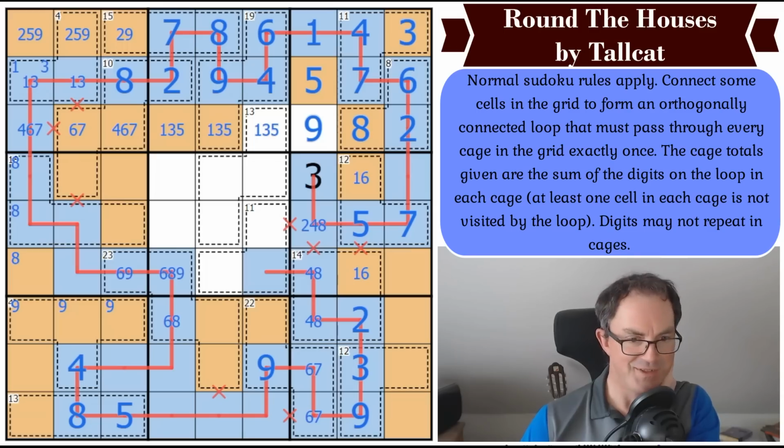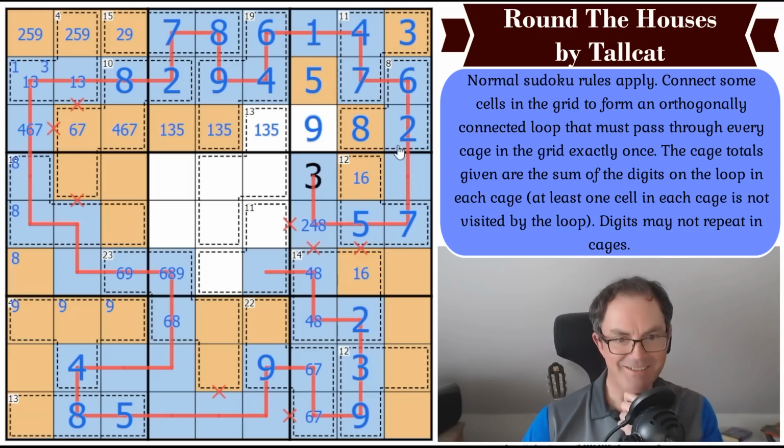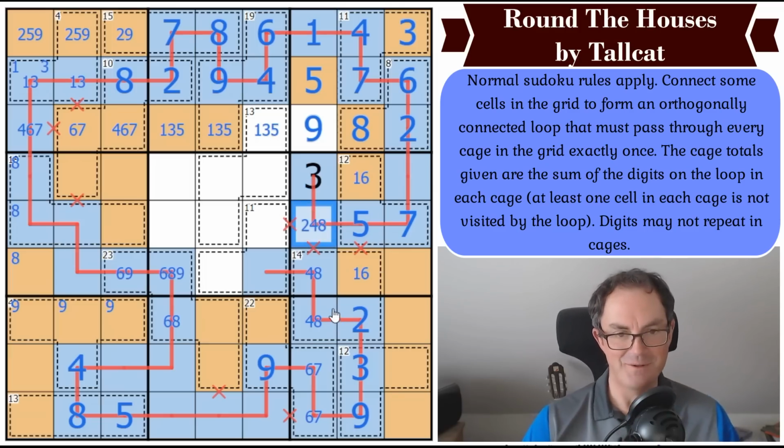It's nearly good, isn't it? It's really very nearly. Well, this square's a 2, I suppose. Let's take advantage of that in case that does something. Four, 8 here, 2 here.